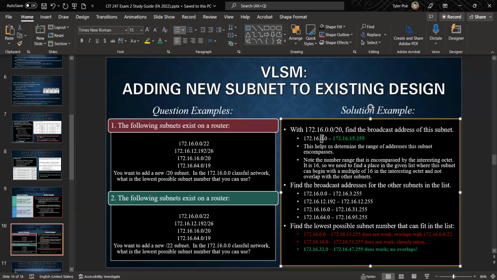So in other words, 0, 1, 2, 3, 4, 5, 6, 7, 8, 9, 10, 11, 12, 13, 14, 15. We're starting with 0, and it goes all the way up to 15. That's 16 numbers there.